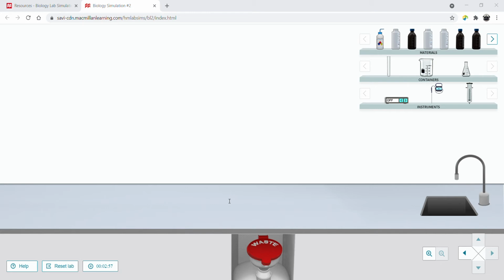You're going to run them on a positive and a negative control. This is experiment 1. Your negative control is going to show you what a negative result looks like, and a negative control should always be negative.